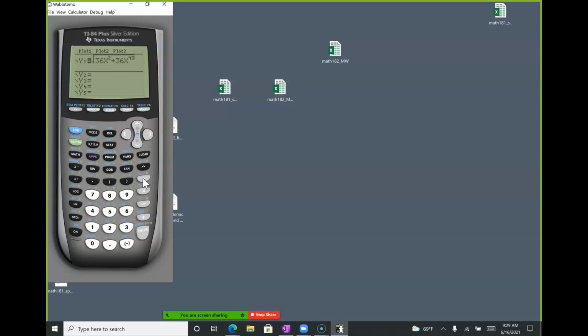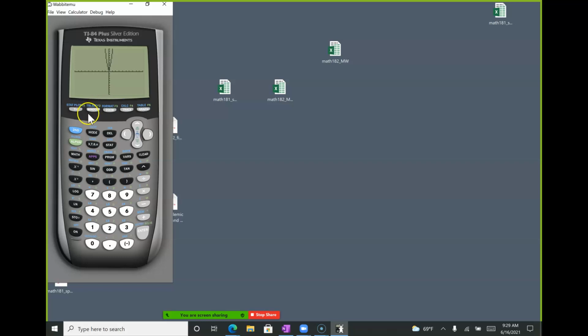I want to see a picture of my integral of my function from 0 to 1. So I go to my graph. And I can see the function from 0 to 1. And that's where I'm doing my arc length.